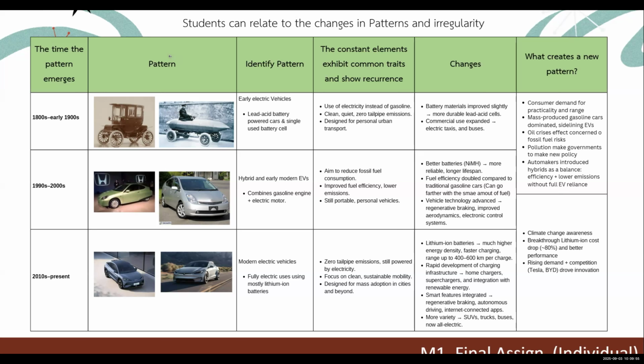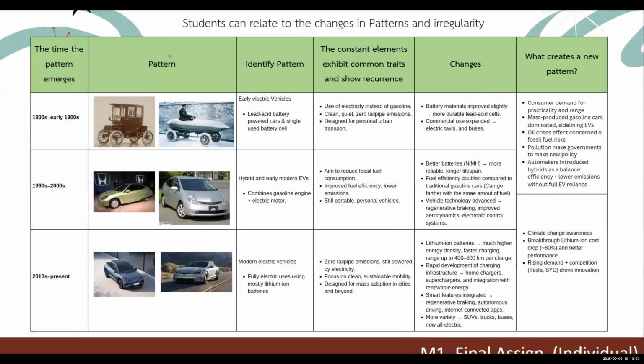So, hello everyone. Today I will talk about patterns of electric vehicles and what factors create a new pattern over time. The first pattern that I identify is the early electric vehicles, which mostly use lead-acid batteries and a single-use battery cell. A single-use battery cell can be used only once and cannot be recharged.